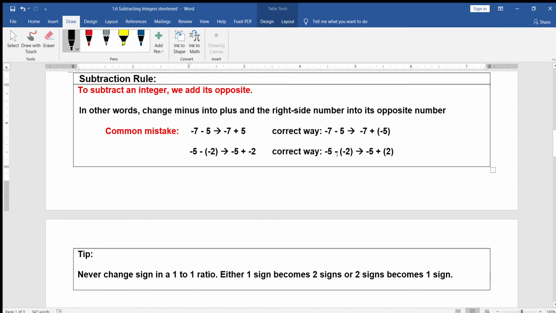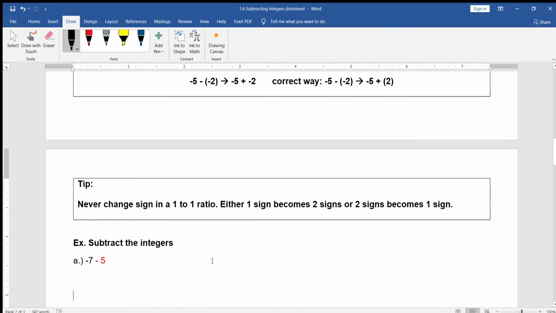Here you have a minus negative becomes a positive, and not positive just becomes plus. So you can go from two signs to one sign or one sign to two signs, but never a 1-to-1 ratio.